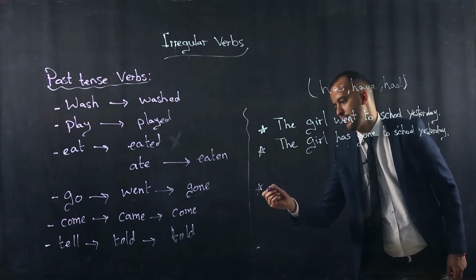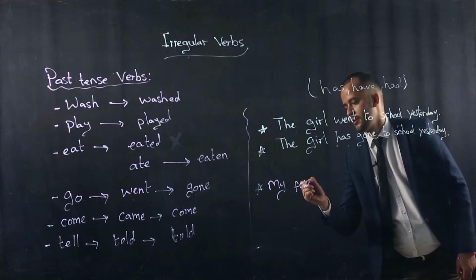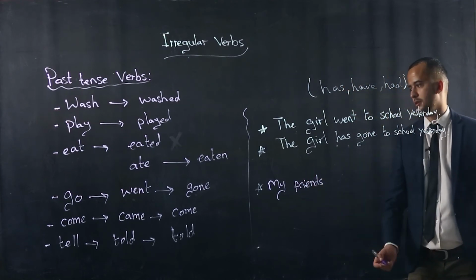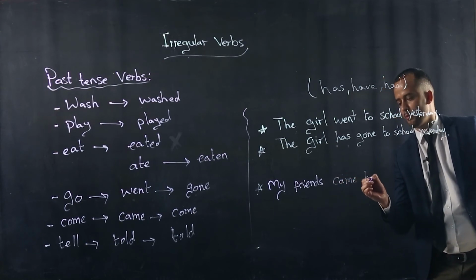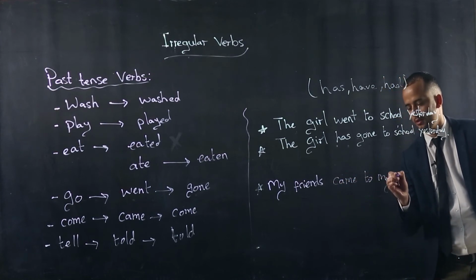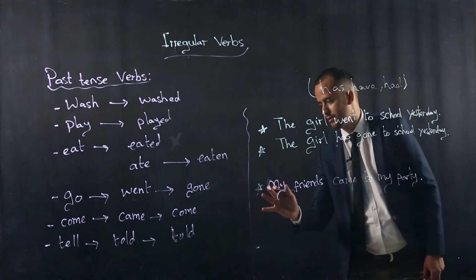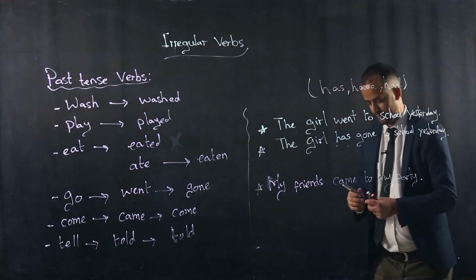Let's say, my friends came to my party. This one needs to be capital because it's at the beginning of the sentence.